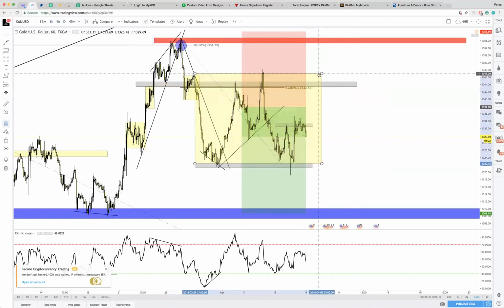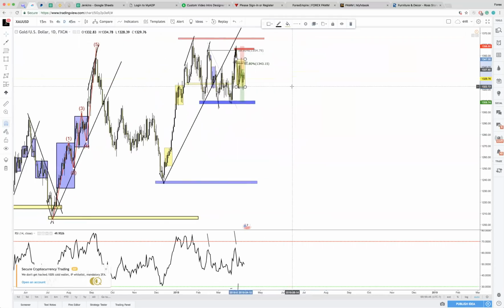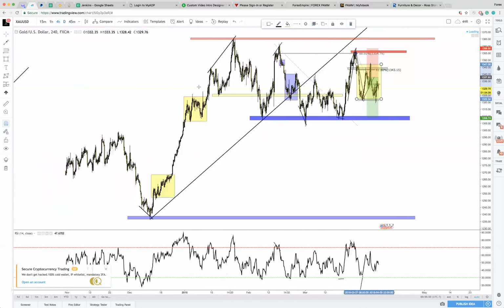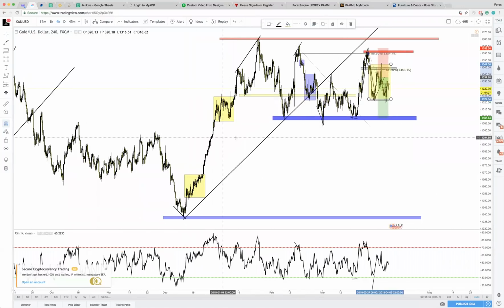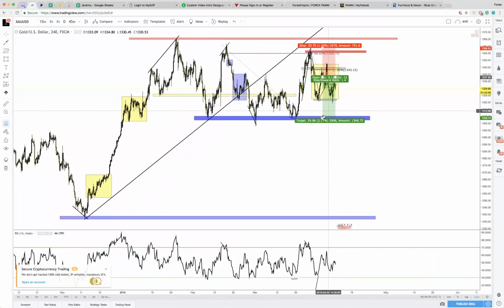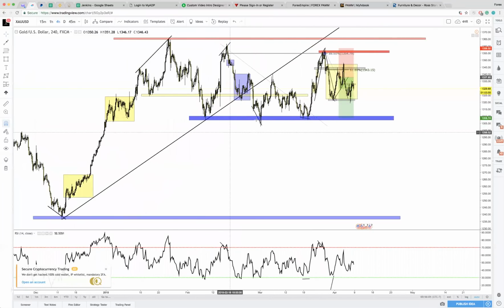So what I see is this is the whole 1 level consolidation, and we should expect a nice drop more towards the downside, because what we've seen here in the past is right here is a W, level 1, level 2, a nice M formation, but the high was never broken. So what it means is that once it comes down, we can move our take profit all the way to the bottom, because it will be a nice sell.